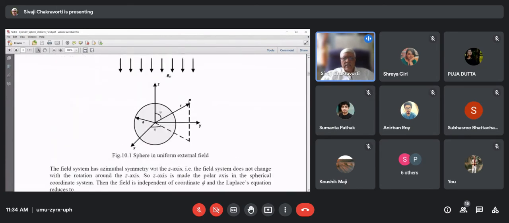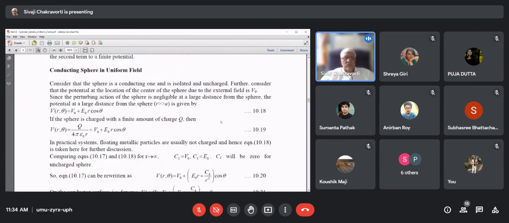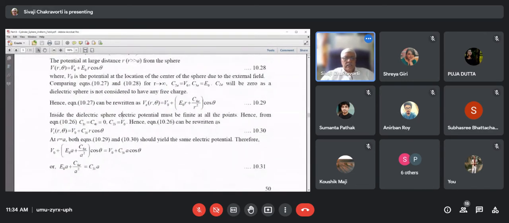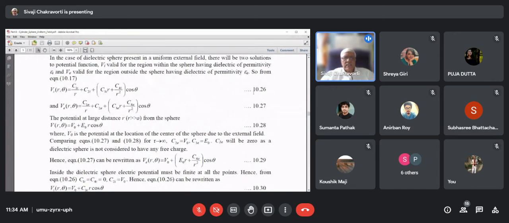So you can see equation 10.26, which is for inside the sphere. We say that C1i is 0 because otherwise at r is equal to 0, field becomes undefined. And in the same way, we say that C4i is 0. And then we say that C2i is V0 because we have assumed that the potential at the center of the sphere is V0.